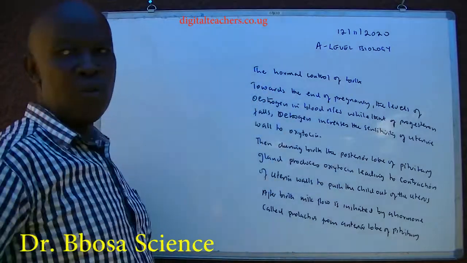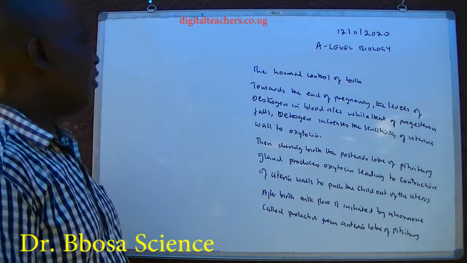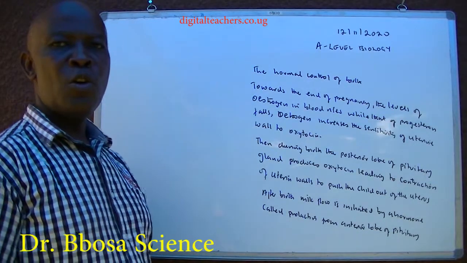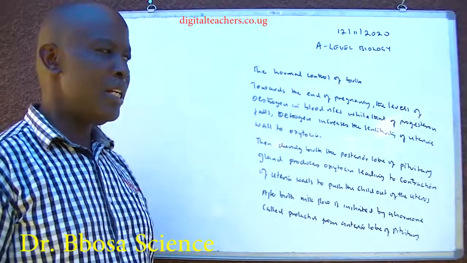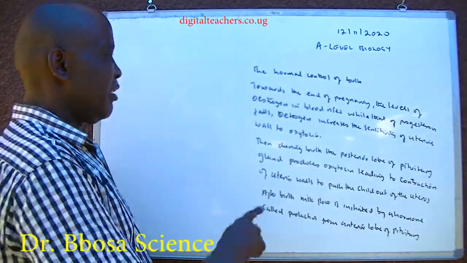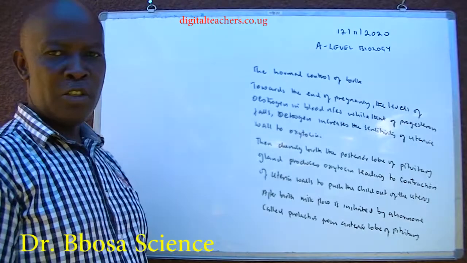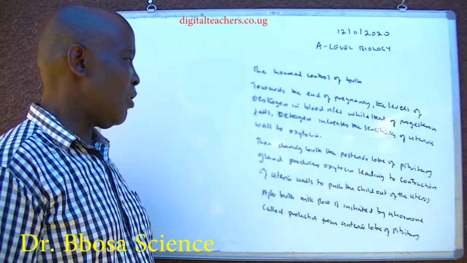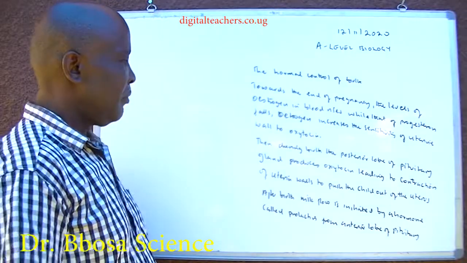The hormonal control of birth. Towards the end of pregnancy, the level of estrogen rises in blood, while that of progesterone falls. Estrogen increases the sensitivity of uterine wall to oxytocin.